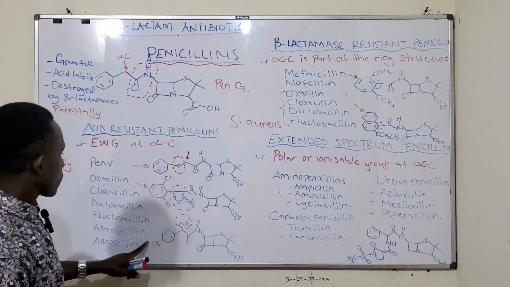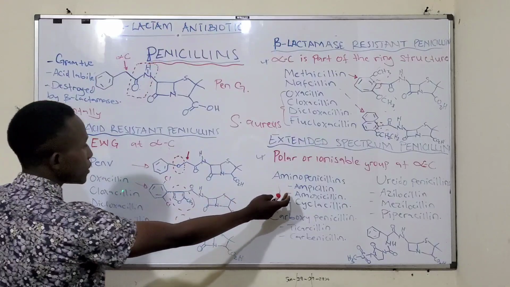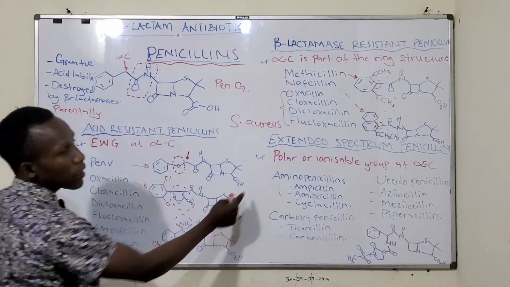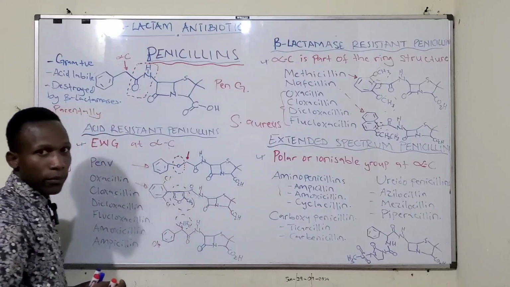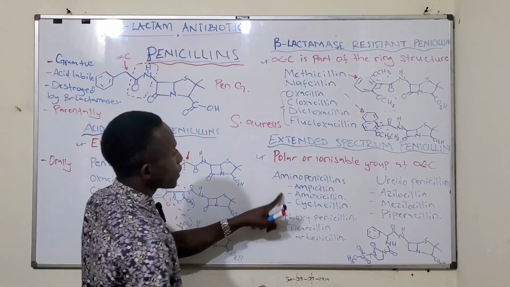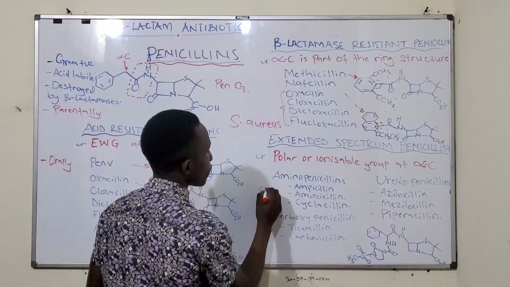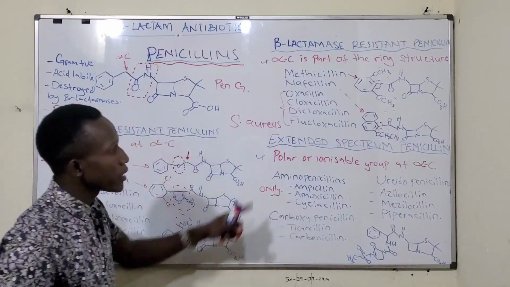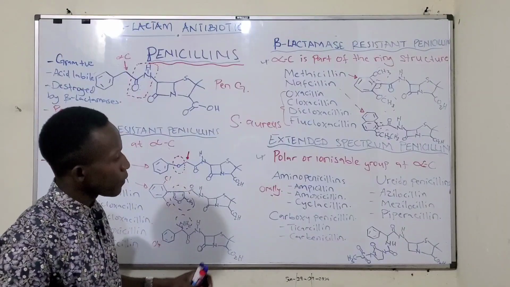So meaning ampicillin and amoxicillin, they are acid resistant, and again they are broad spectrum. So these ones can be given orally, and they are extended spectrum.